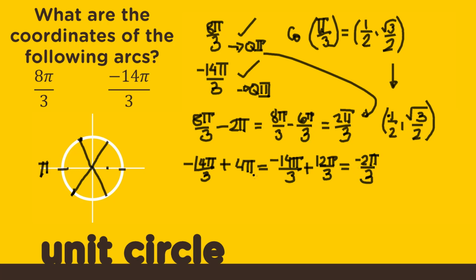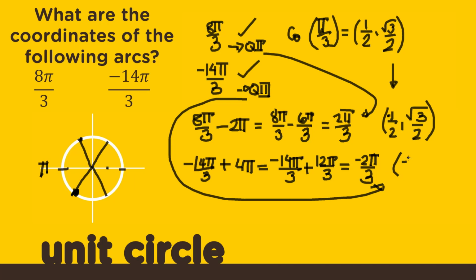Okay? So with that here, you will just simply move 1 and 2, and you will find it here on the third quadrant still. So you will have the point 1/2, square root of 3 over 2. That's over 3. And then the sign on the third quadrant: negative for x, negative for y.